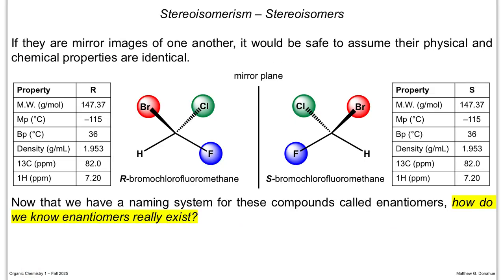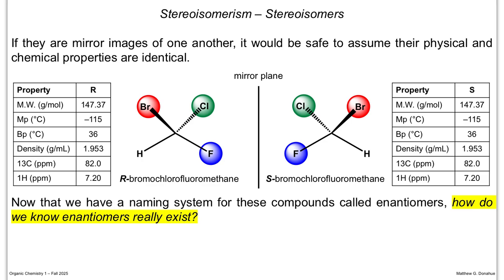So now the issue is, we have these 2 compounds with the exact same molecular formula. We were able to differentiate them according to this nomenclature rule. That is a human construct, the CIP nomenclature algorithm.